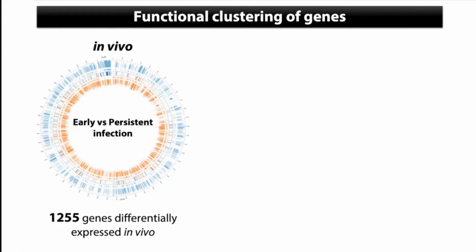There we wanted to compare the expression profile of early stages of infection and late stages of infection. And we ended up with more than 1,200 genes that are differentially expressed when you compare those two conditions.